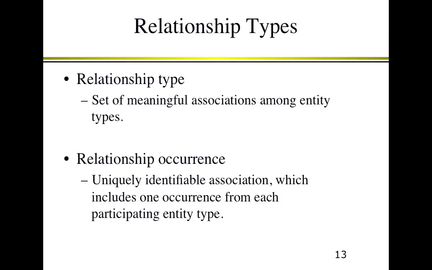And the relationship has a type. It's a meaningful association. Now, a lot of people will combine relationships and objects together, or they'll make duplicates of the same thing, like students taking classes and students passing classes and students failing classes and students skipping class.